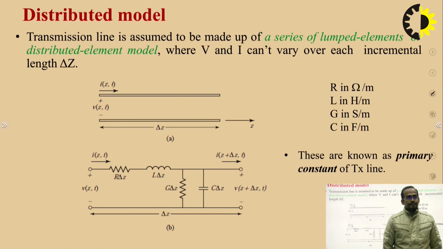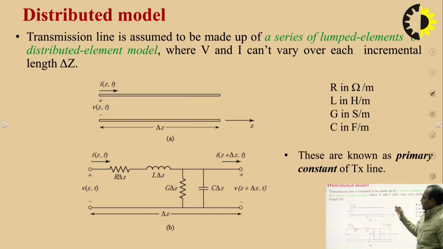In the distributed element model, the transmission line is assumed to be made up of a series of lumped elements, where V and I do not vary over each incremental length delta Z. So here I have considered a transmission line having a length of delta Z. This is the lumped equivalent, or you can say the distributed model.